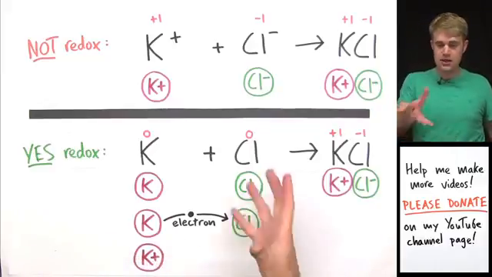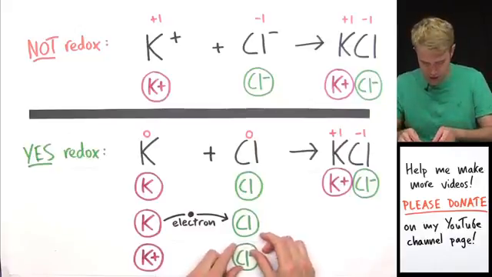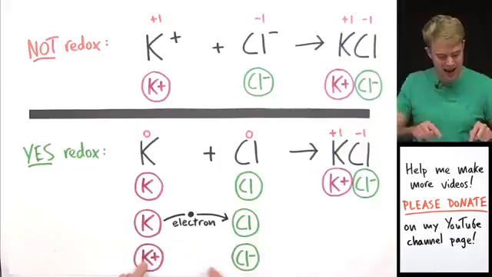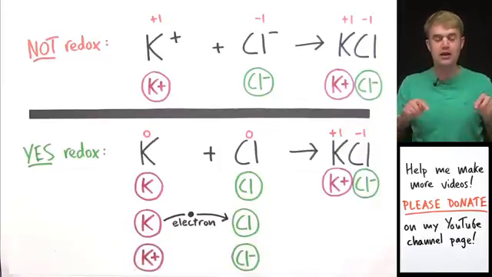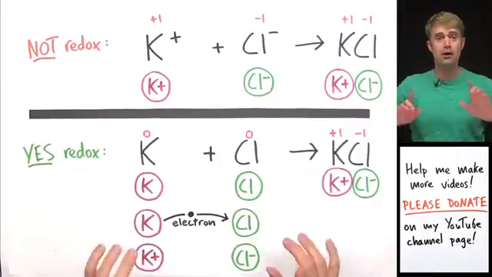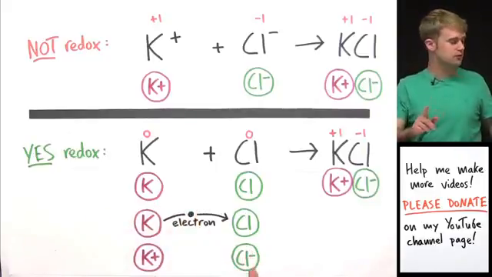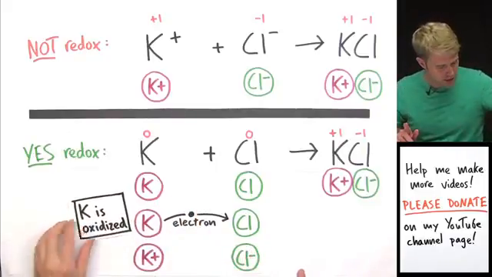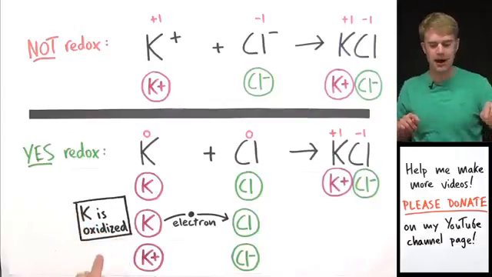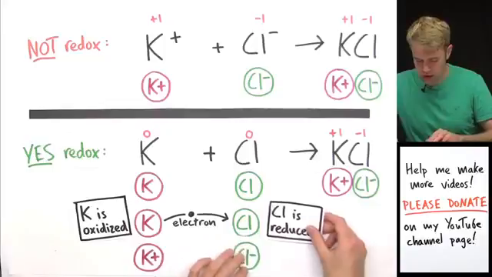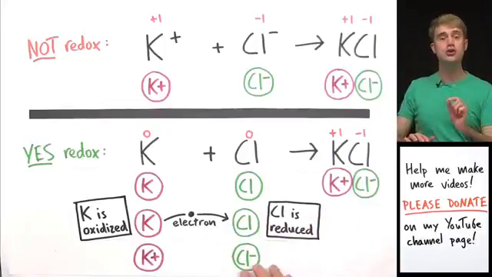Cl gains one of these electrons and becomes Cl-, chloride. So now these two atoms end up with charges, but only because of a transfer of electrons. That transfer of electrons caused potassium, K, to become oxidized, and it caused Cl, chlorine, to become reduced.